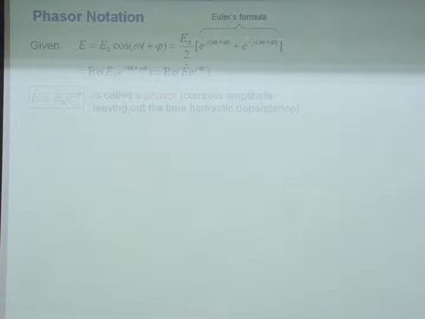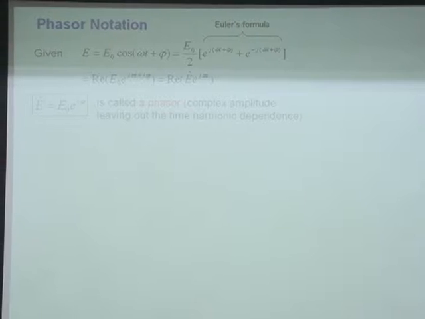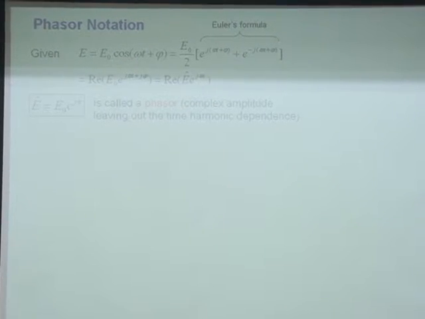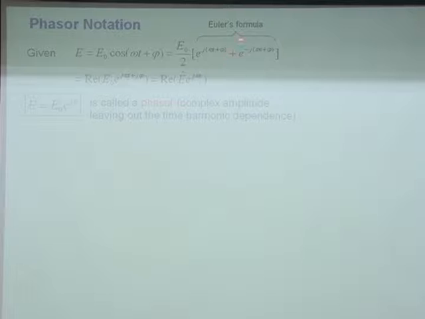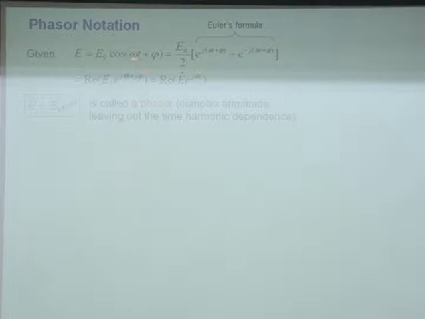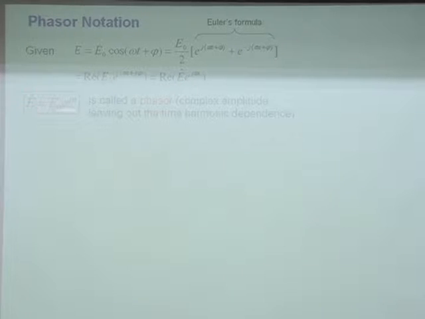Okay, and in a lot of calculations, it's much easier to do complex number calculation instead of real number calculation. So once you convert this into complex numbers from Euler's formula, then if we just pull out this time harmonic term and leave the rest in this variable, then we call this a phasor.